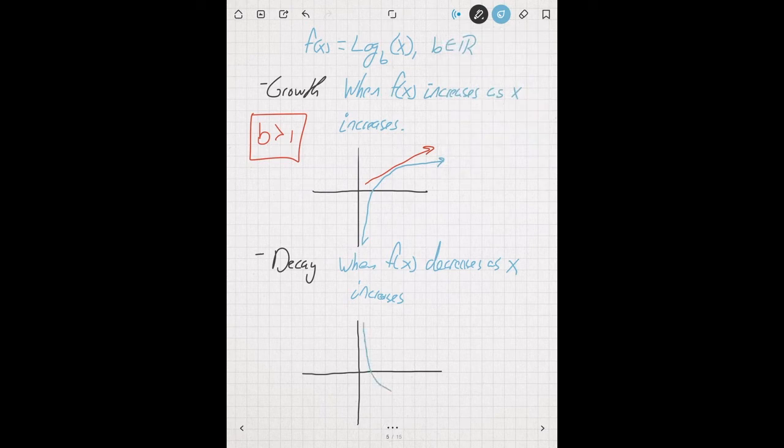It comes down and curves out like this. So we can say as x increases, the output decreases. This occurred when b was between 0 and 1, when you had small decimals or small fractions that were b. So this is when we have the shape of growth and the shape of decay. Make sure you have these shapes memorized, you understand the shape of the graph, and make sure you know when they occur.